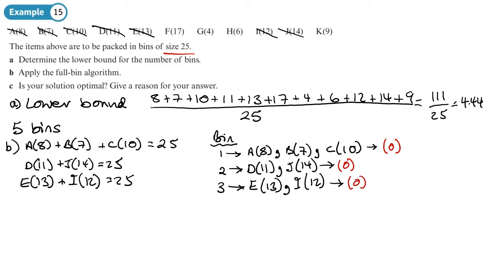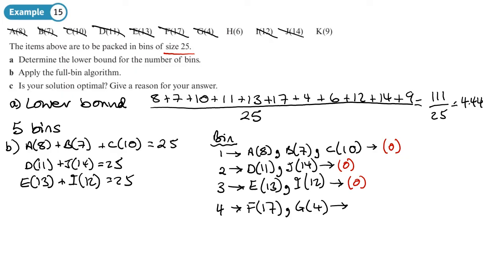And then for the remaining items, we use the first fit algorithm. So the remaining items are the 17, so F. So cross that off and see if there's any items. The first item to fit into it is going to be G. So that now takes it up to 21. There's no other items that are going to fill that bin. They're too big.